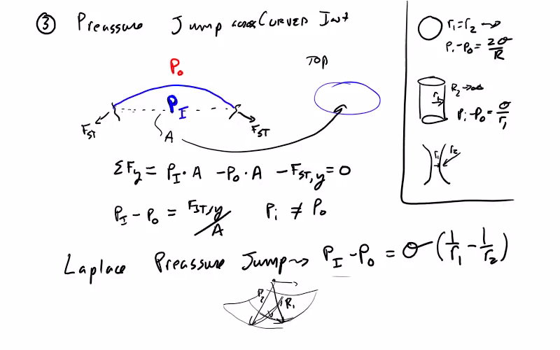In this shape, the pressure 1 minus pressure 2 equals sigma times the curvature. R1 is going to be positive because it's inside the surface, and R2 is going to be negative, so this would be 1 over R1 plus, sorry, minus 1 over R2, all right? So I get this pressure jump across curved surfaces.